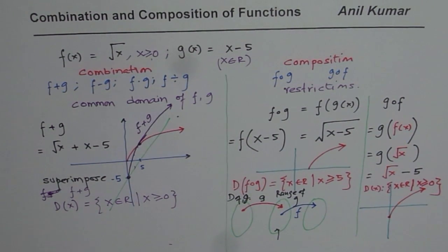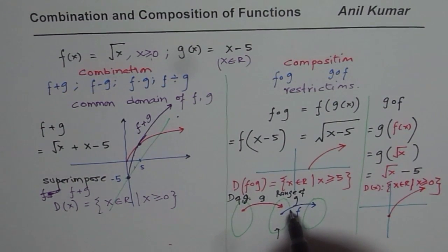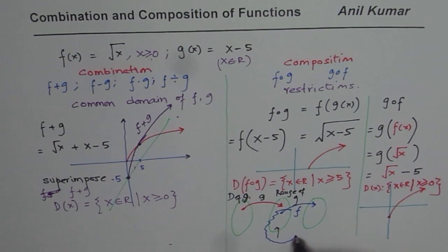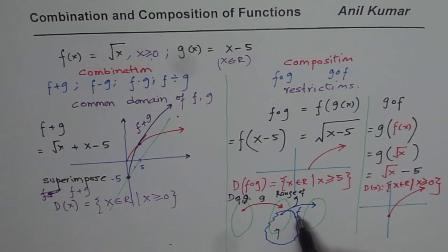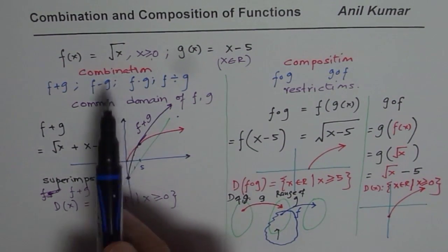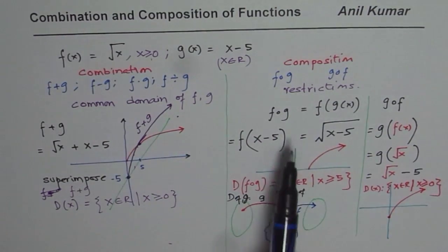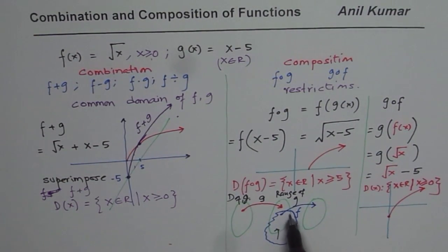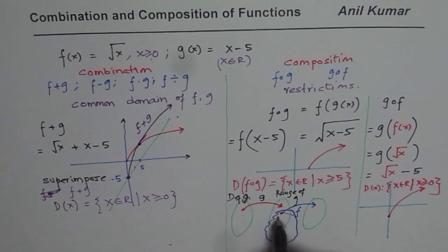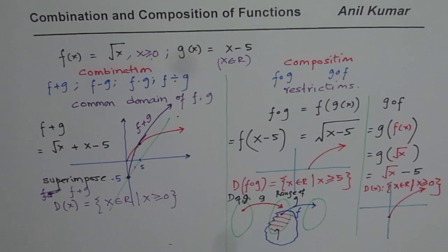So what you will notice here is that this is kind of restricted. It could be more. F may have a bigger domain, right? Since in this case you saw the domain was greater than or equal to 0. But the domain which f can utilize from this combination becomes different. You see, it becomes this combination, the common range and domain. That is the kind of difference which gets into the picture, right?